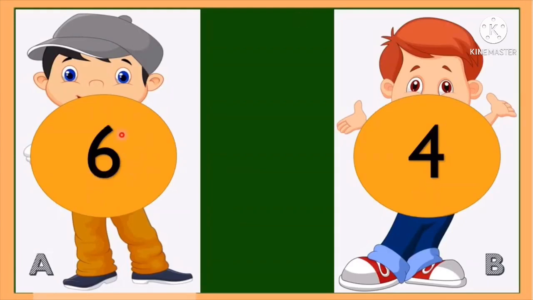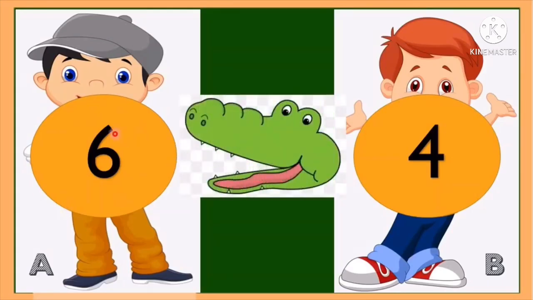Okay, let's see first. Let us identify which side that the alligator will face. So 6 is larger or greater than 4, correct? So the alligator will face 6. Right?